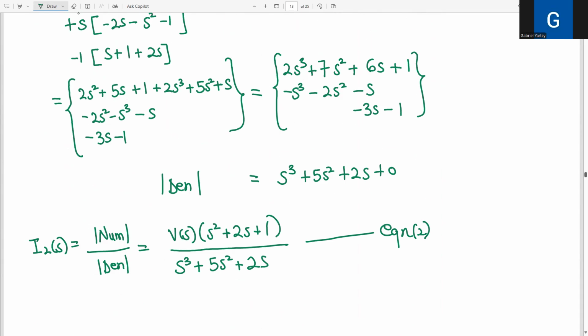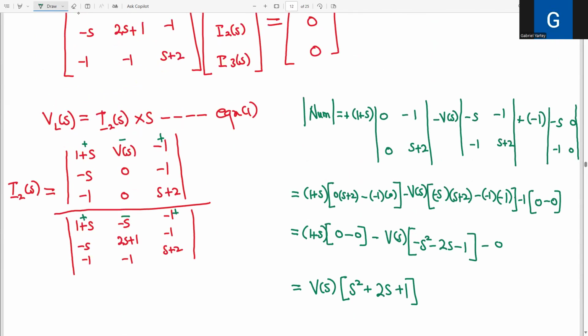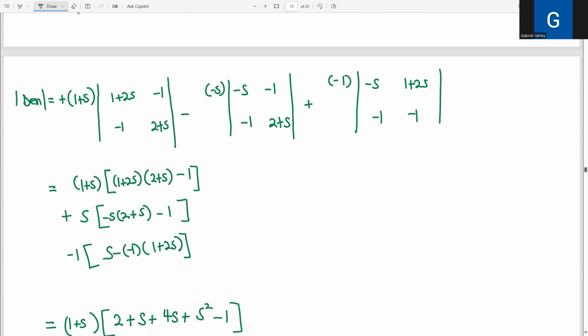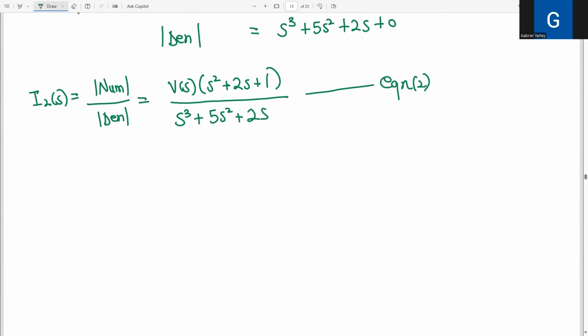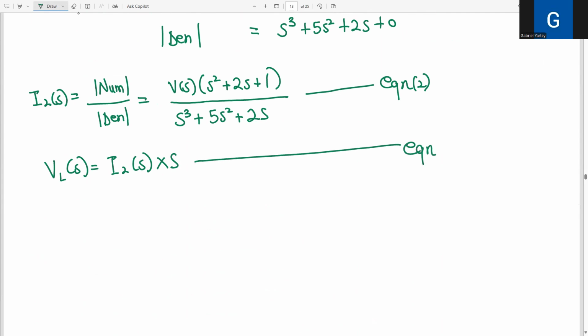Equation 2 is here. VL of s is equal to I2 of s times s. Let me write it down. This is my equation 1, sorry.